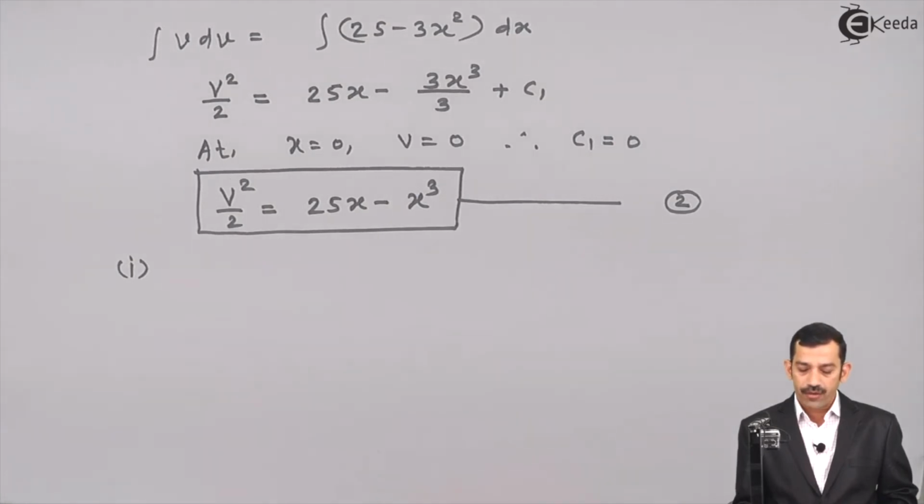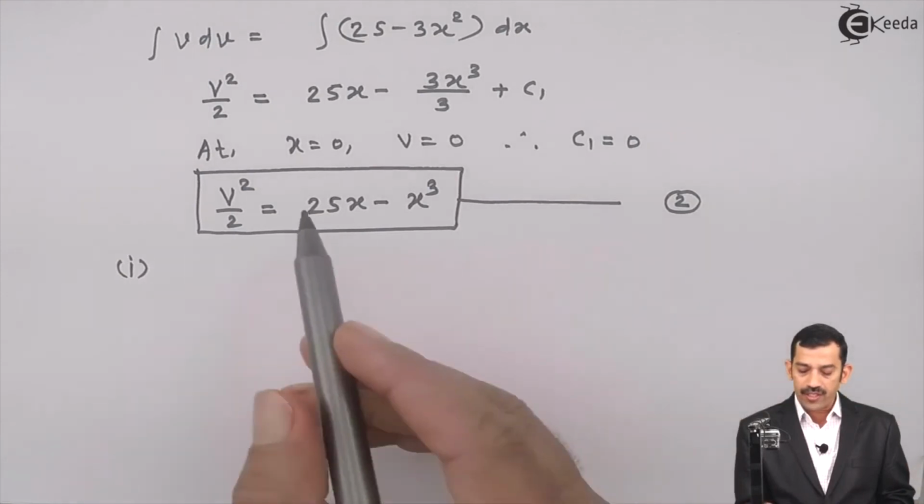If you want to find the velocity when x = 2 mm, using equation number 2 it is easily possible.